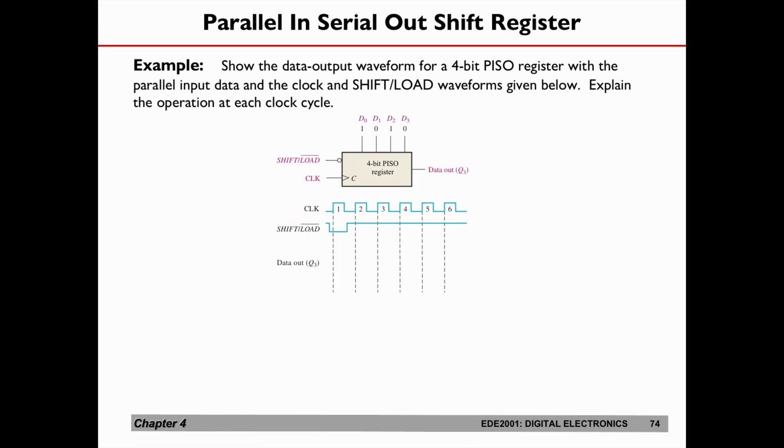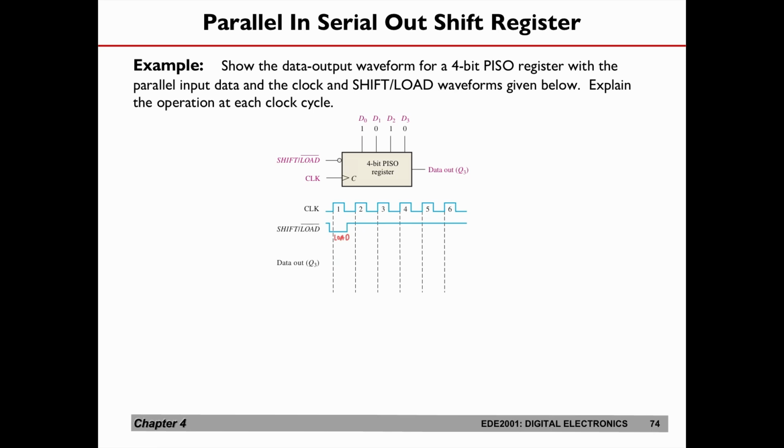What's going to happen here is, let's take a look at the signal shift/load bar. You have to ask yourself, at clock cycle 1, 2, 3, 4, 5, 6, what operation is it in? At the very first clock cycle, shift/load bar is a 0. That means you are doing a load action at this point.